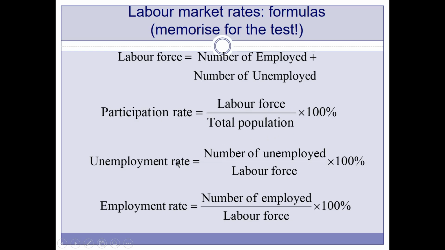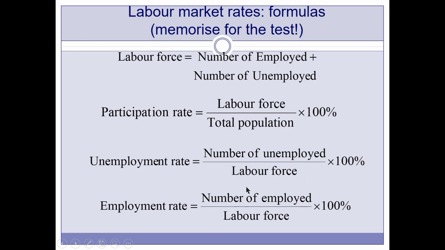And finally, you will be able to calculate employment and unemployment rate. Unemployment rate is simply a percentage of the number of unemployed people in total labor force, while employment rate is the number of employed people in total labor force. Please pay attention.